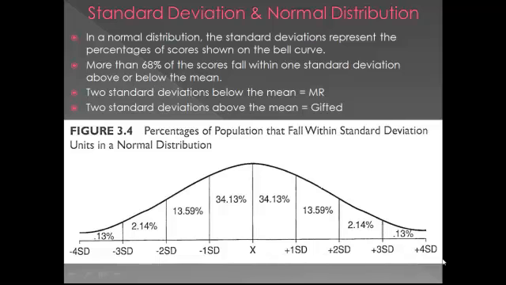So here we have our scale. In a normal distribution, the standard deviations represent percentages of scores shown on this bell curve. It's not exactly like a bell, but it's kind of. So then we have to go back to our 68%.